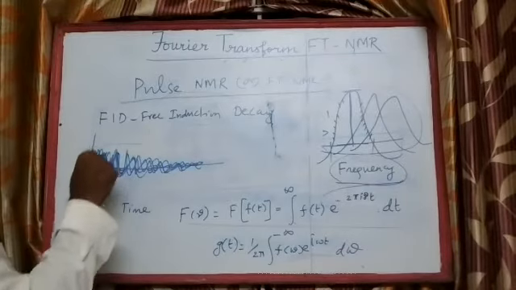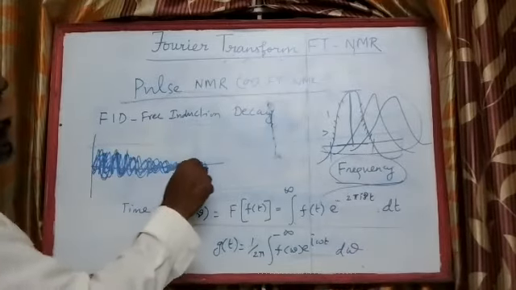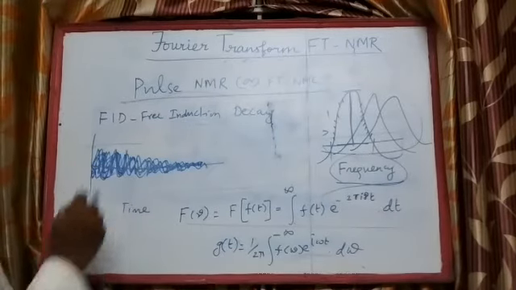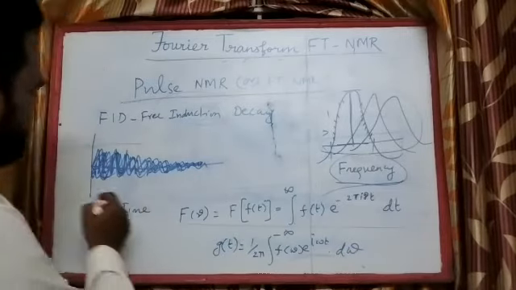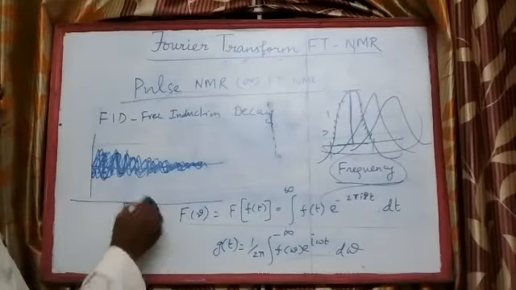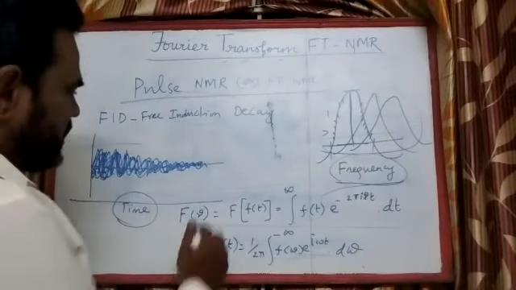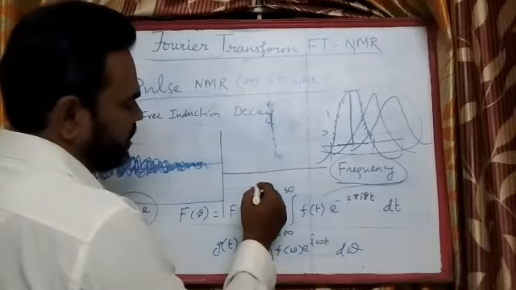As a result of this superimposition, the time domain spectrum will look like this. It consists of frequencies of many resonating nuclei. Upon relaxation, they give the different time domain spectrum. With the help of a computer, this time domain spectrum is converted into a frequency domain spectrum.